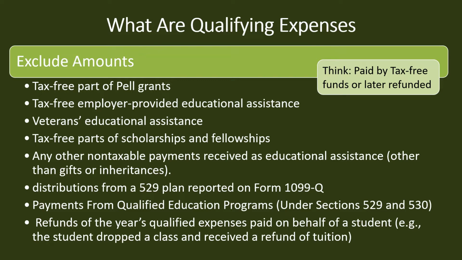So if they paid for these educational expenses with things like tax-free Pell Grants or tax-free employer-provided educational assistance, veterans educational assistance, tax-free parts of scholarships and fellowships, distributions from 529 plans or other qualified education plans, or if they were monies that they paid out that were eventually refunded, those kinds of expenses that were paid with those kinds of funds cannot be included in the calculation towards their qualifying educational expenses.